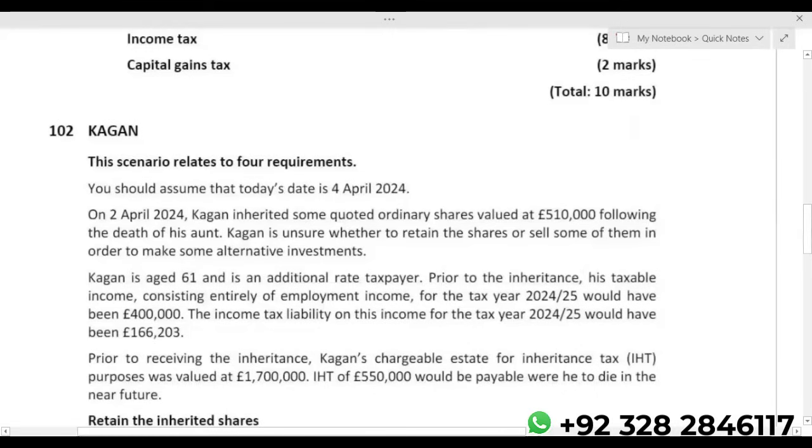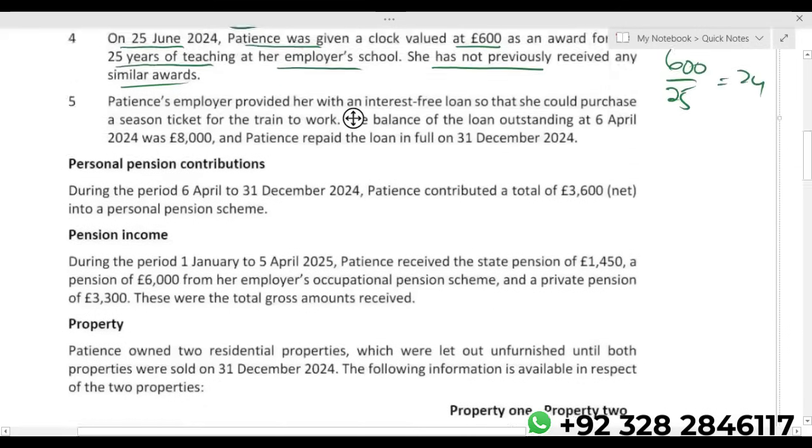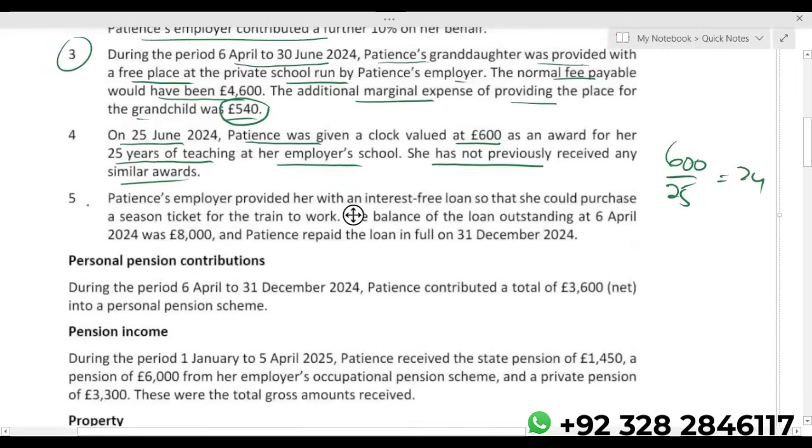Now come here. The taxpayer's employer provided her with an interest-free loan so that she could purchase a season ticket for the train to work. The balance of the loan outstanding at 6 April was 8,000. Can I say when the beneficial loan amount is less than £10,000, then it is an exempt benefit?